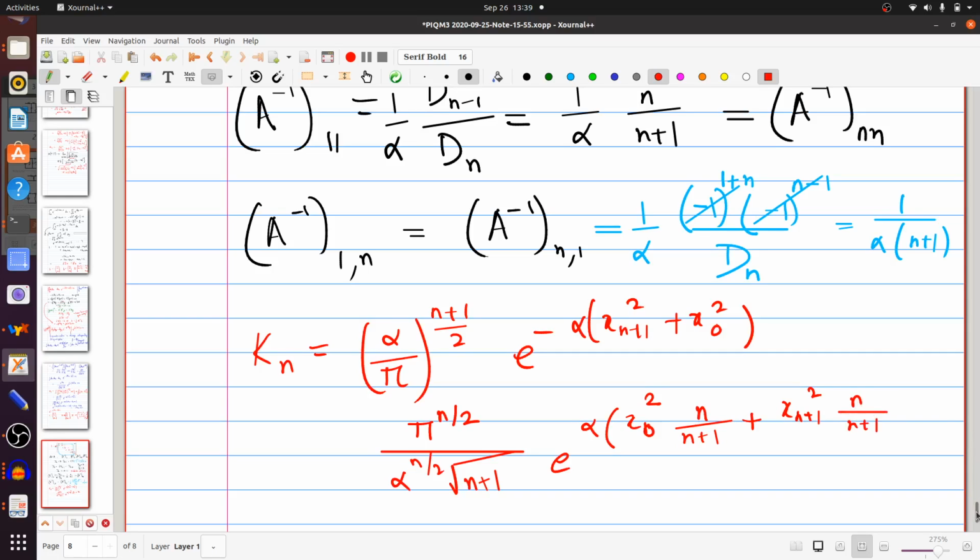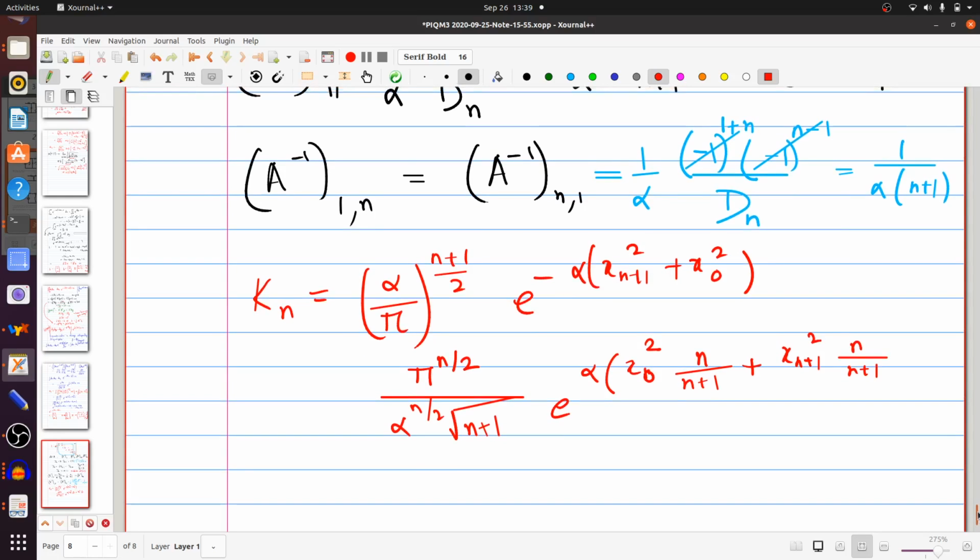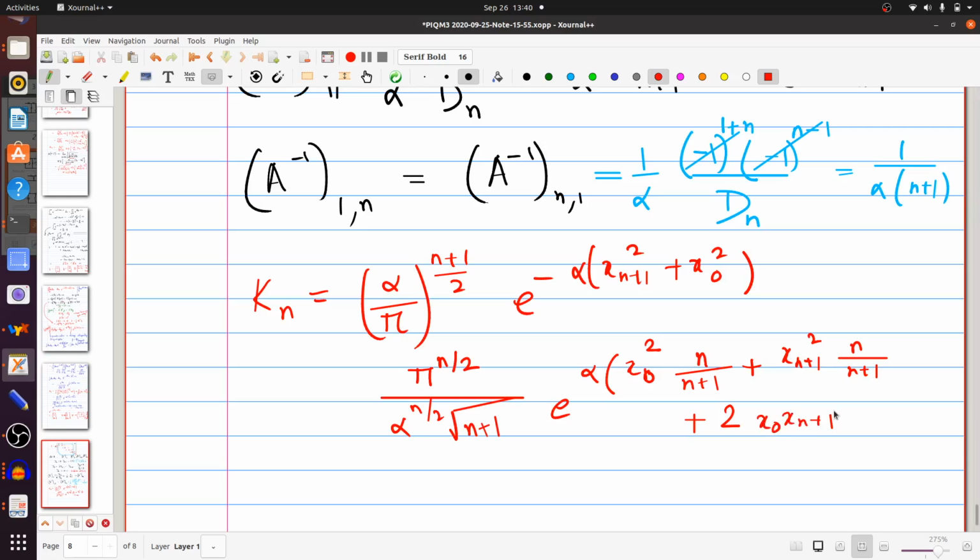So these are the two terms which come from A inverse 11 and A inverse nn. And from the A inverse 1n and A inverse n1, what you are going to get is plus twice x0 xn plus 1 by n plus 1. The 2 simply comes in because you get one term from A inverse 1n and another from A inverse n1.